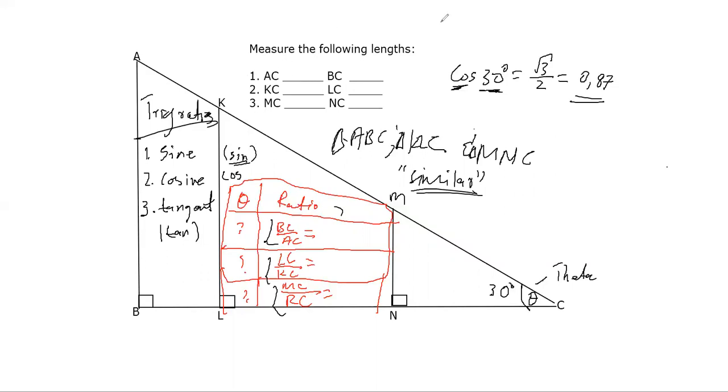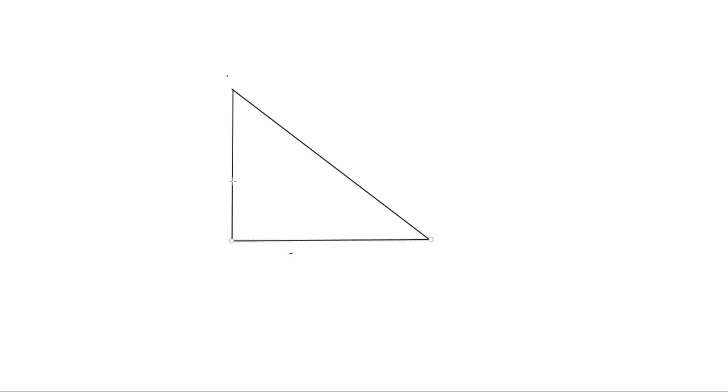Now, guys, let us take any arbitrary right angle triangle. I don't like this, so I'm going to take the text option, this nice one here, where I can put up a nice triangle. Yes, this is more like it, and there we are.